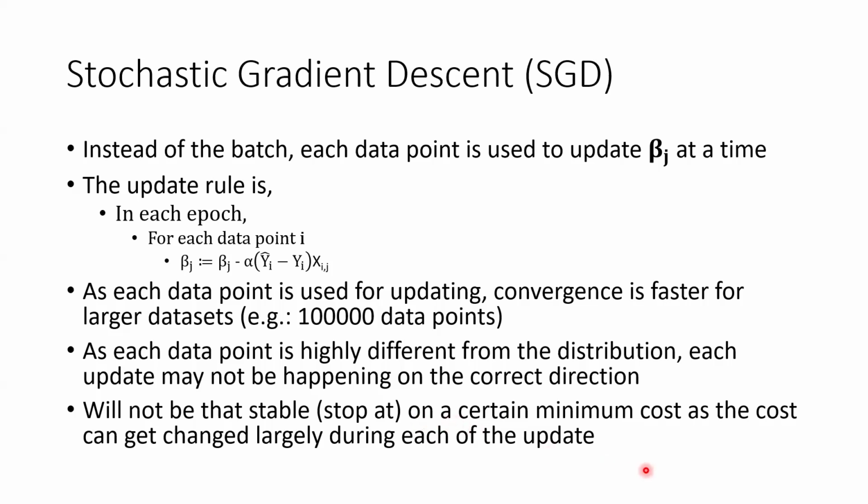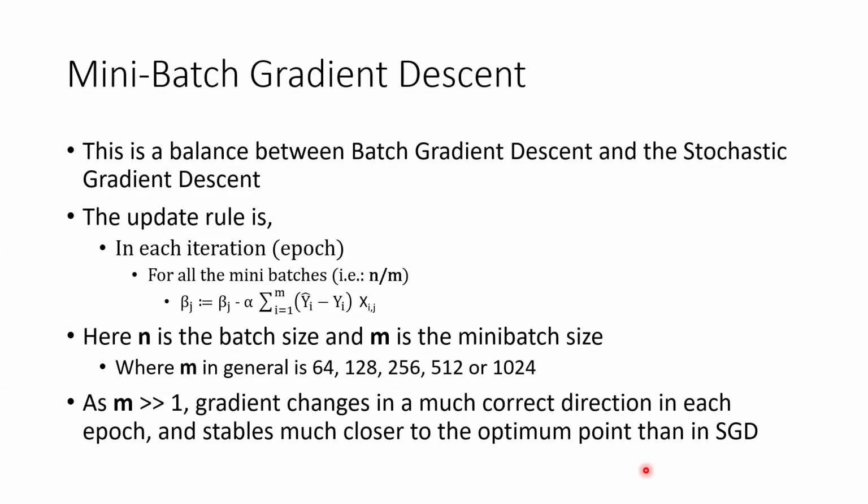Because of that, that is another disadvantage of stochastic gradient descent. The problem of batch gradient descent is you have a high number of computations. You need a lot of computation.